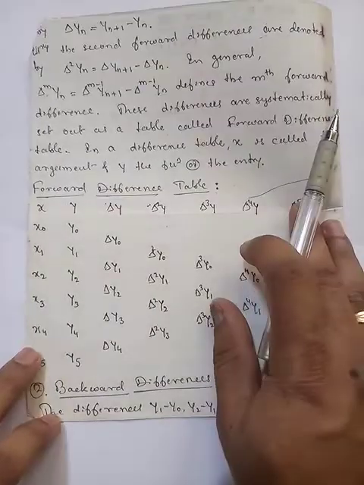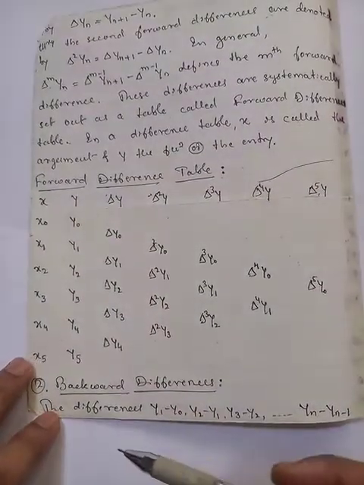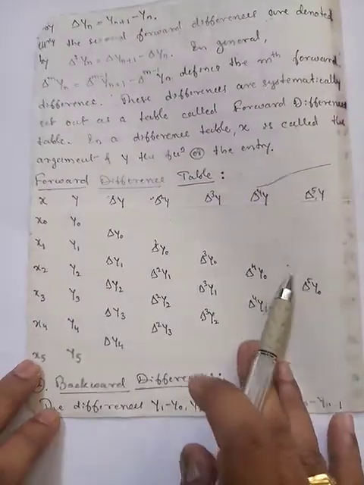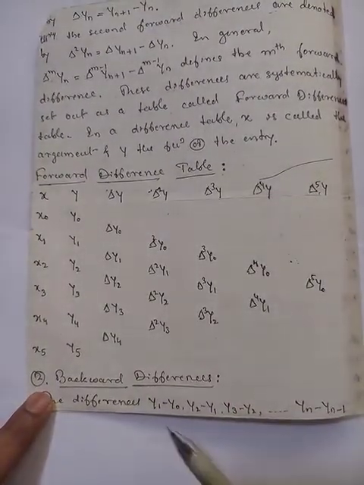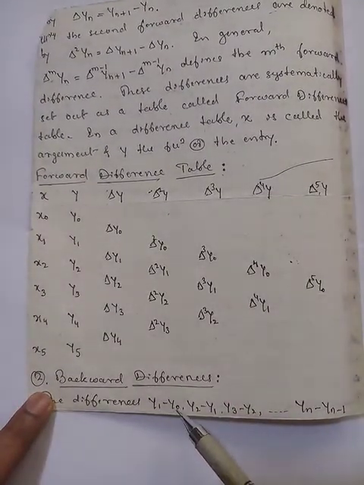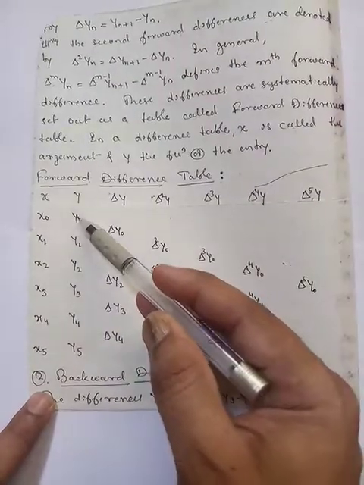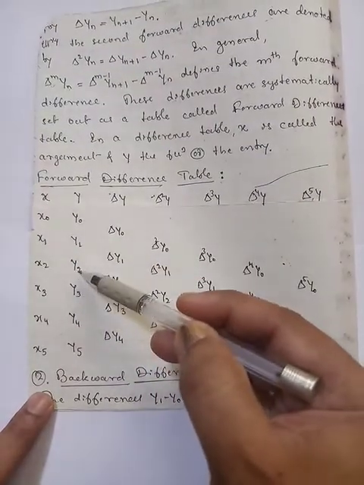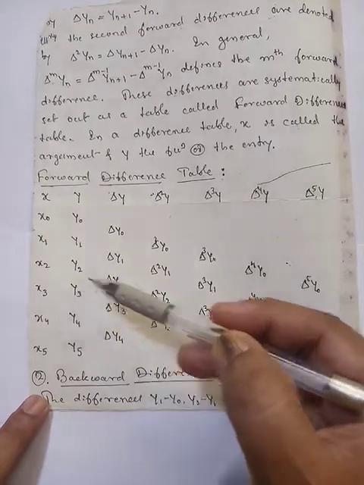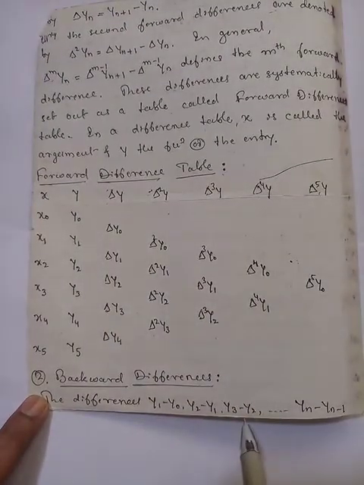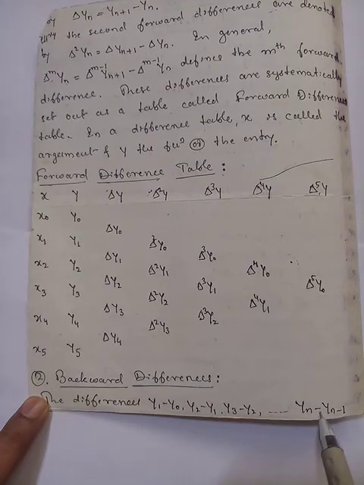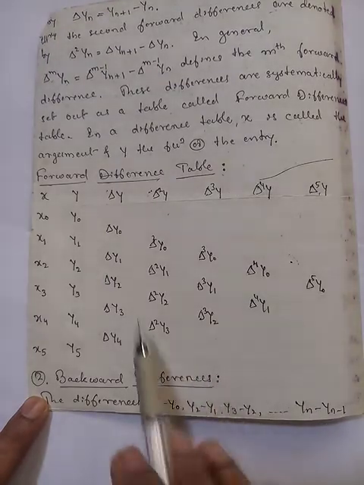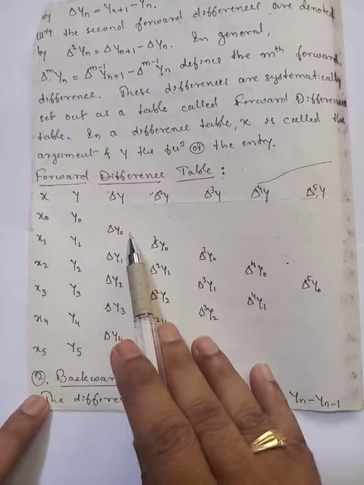Now the second one is backward differences. Again these are the same, taking y1 minus y0, y2 minus y1, y3 minus y2, y4 minus y3; the same way we take the differences. Then where is the difference? Only the notations, which you please remember.